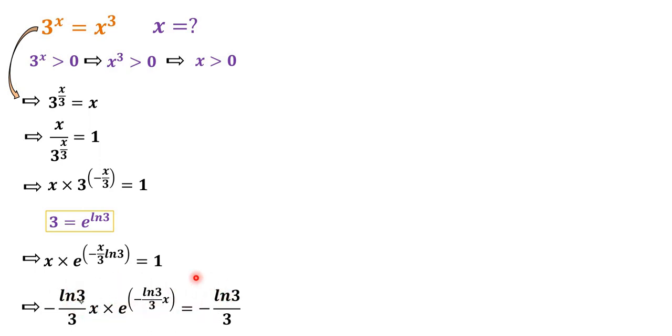Up to this point, you may be asking why we are complicating this equation. Because we have to use Lambert's W function to get the value of x. I'm not going into details for this Lambert's W function. You can simply take it as the inverse function of x times e to the power of x.